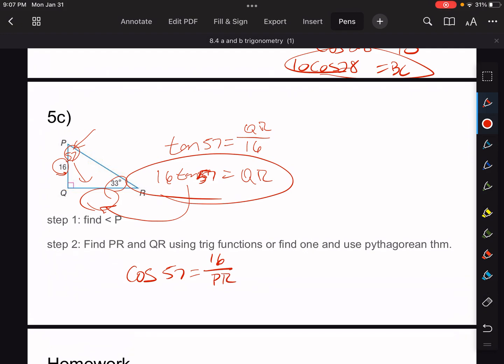If we solve for PR here, remember that these two things would just switch places. So PR is equal to 16 divided by the cosine of 57 degrees. Put that into your calculator and you have PR. This should be the longest side because it is the hypotenuse.